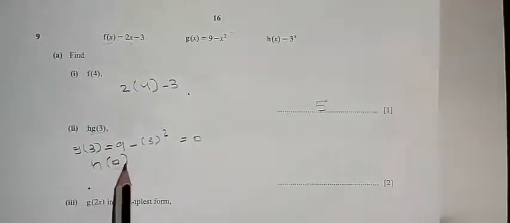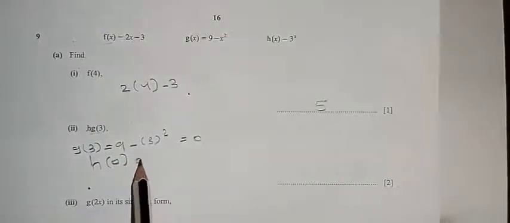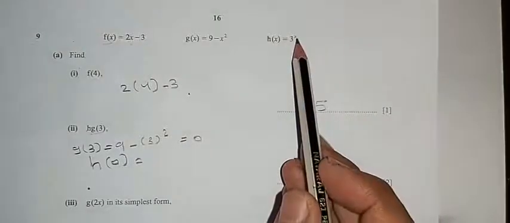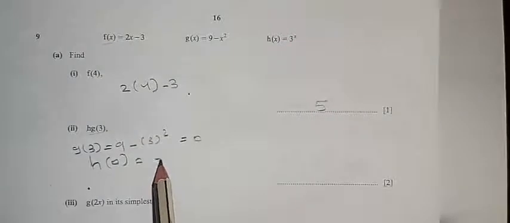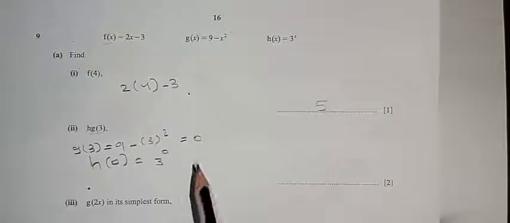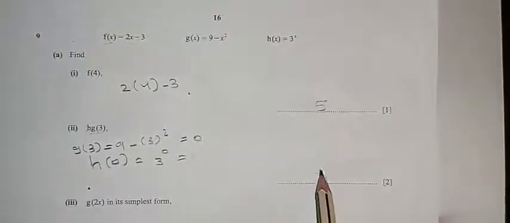The function h is 3 to the power x, so we replace x by 0: 3 to the power 0, which equals 1.